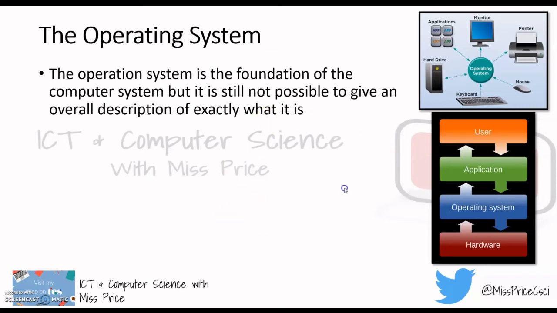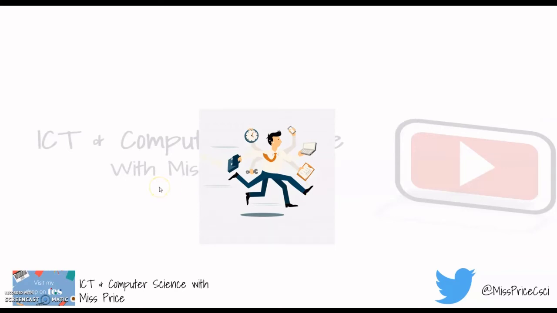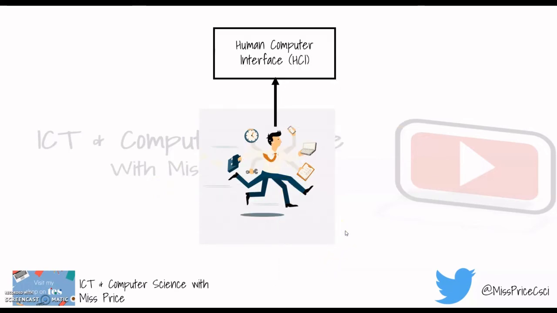As you can see, this is an example of our operating system, and this is what it does. It is the human-computer interface, the relationship between the human and the computer that work together.